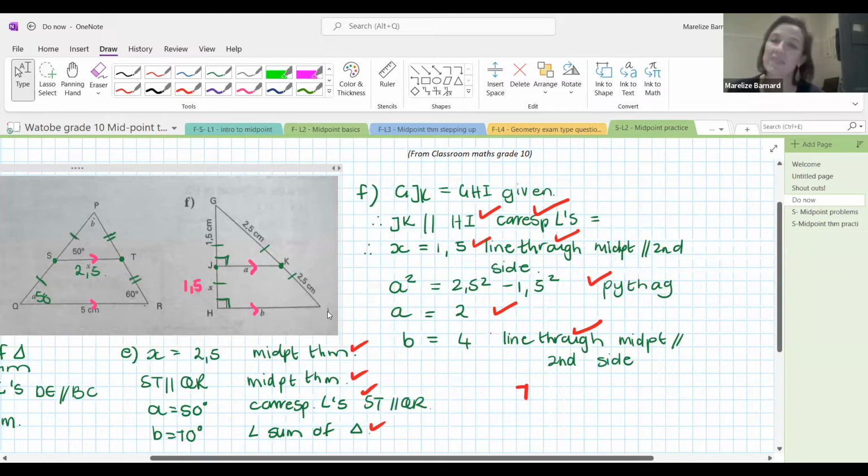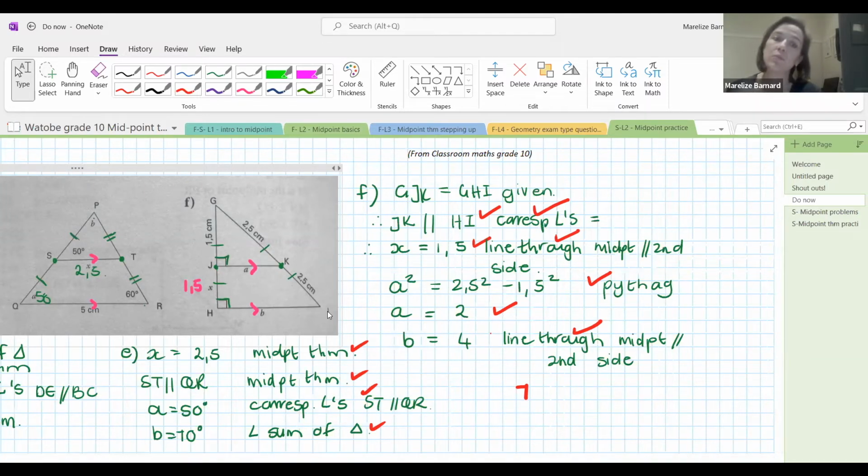We don't have the other midpoint. The other midpoint follows because of the parallel line and the one midpoint. So Nishon, I think we are good with the way I put it up, because we were given one midpoint, we proved parallel sides, and that makes it a line through midpoint, parallel to second side.